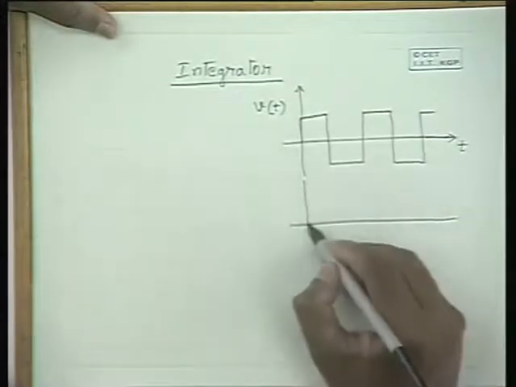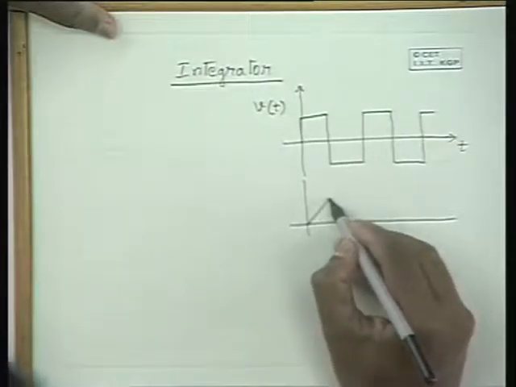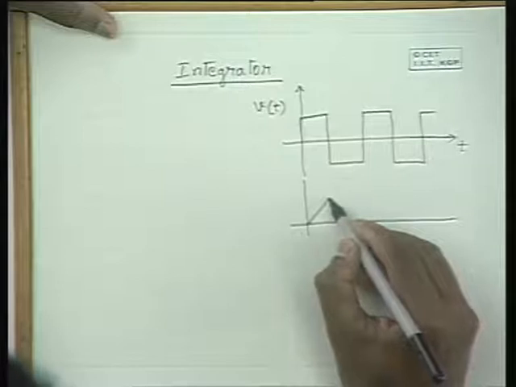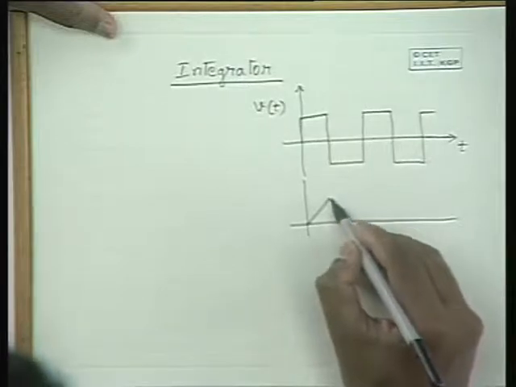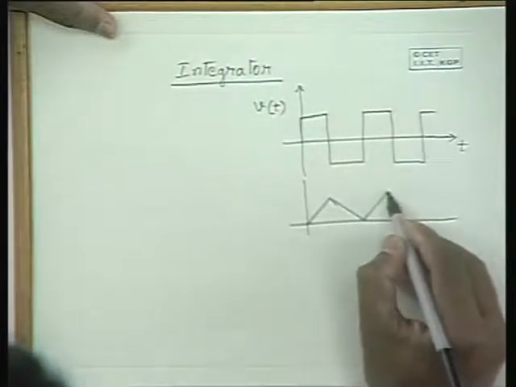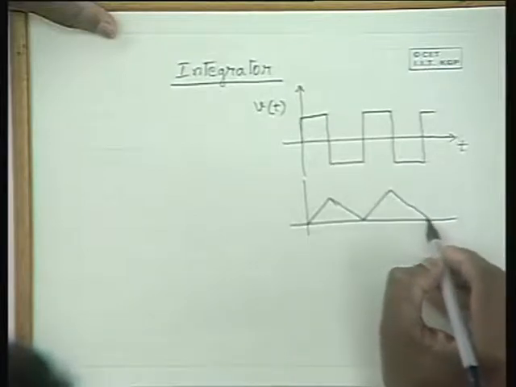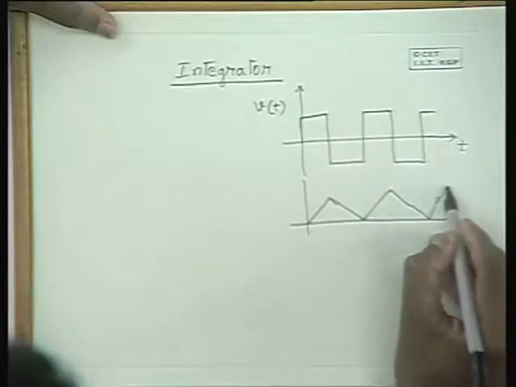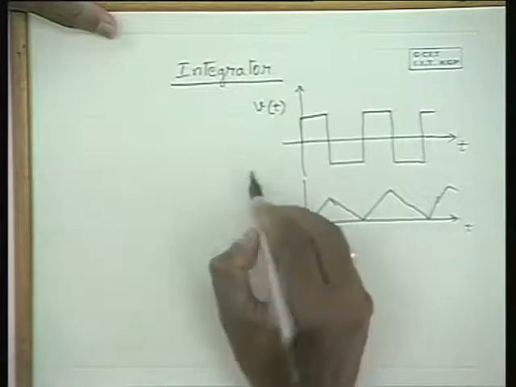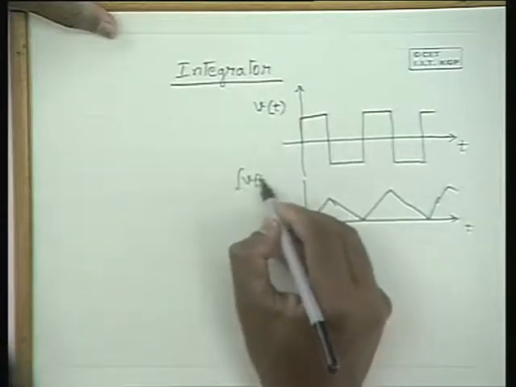And if you integrate this waveform, you will naturally get an output of this type with time. So this is equal to the integration of V(t) dt.